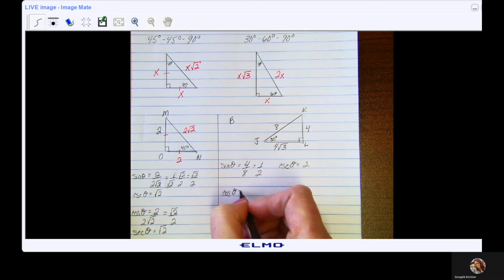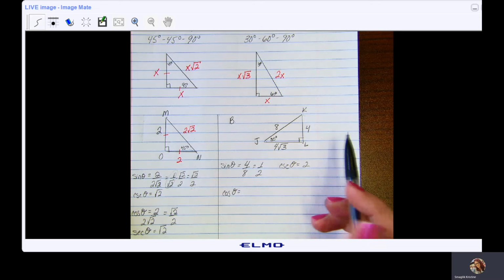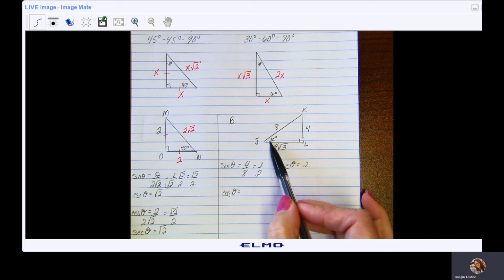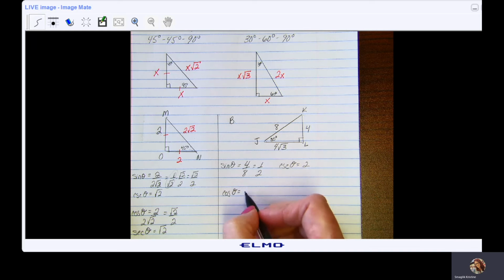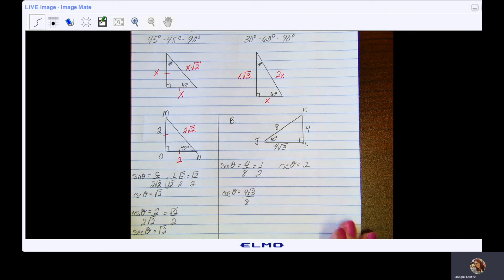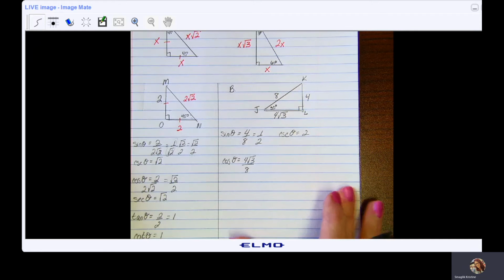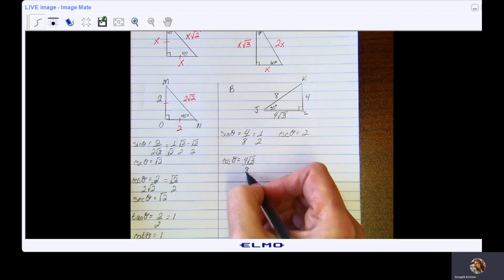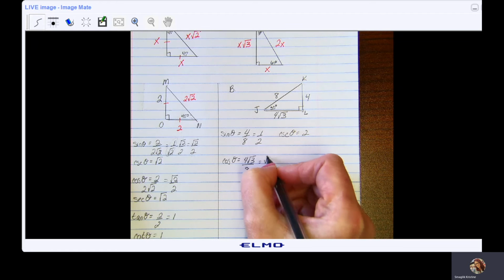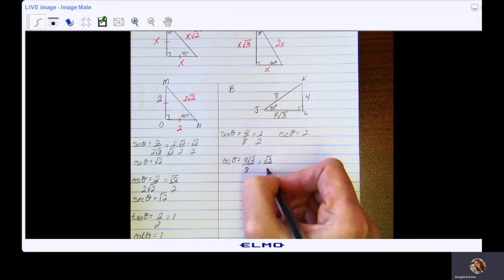Cosine is adjacent over hypotenuse. So here's my 30 degrees. Adjacent is 4 times the square root of 3 all over the hypotenuse of 8. Let's reduce 4/8. 4/8 is 1/2. Square root of 3 over 2.